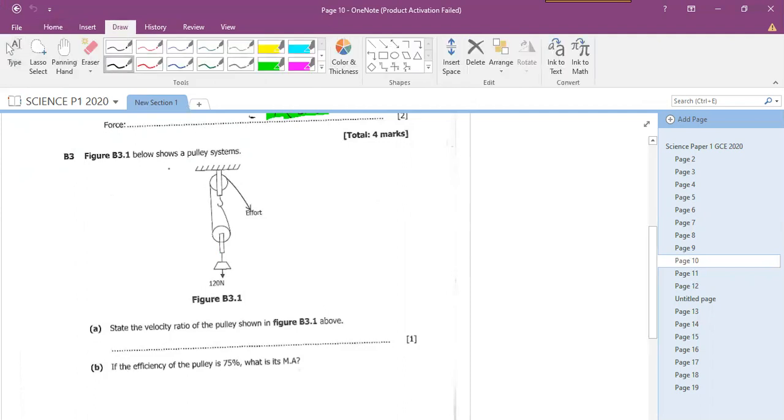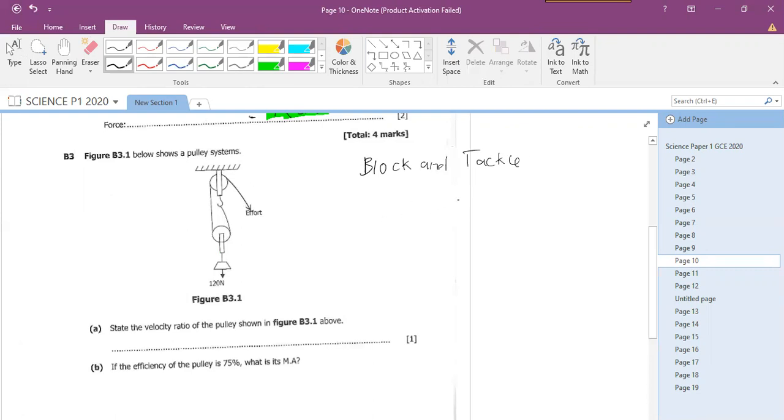Practically, this type of pulley is known as the block and tackle pulley. So this pulley system here is called the block and tackle pulley. Can I write this? So block and tackle pulley type of system.